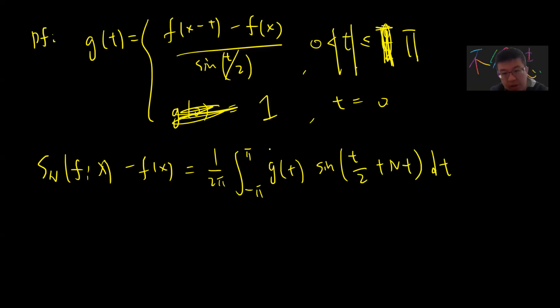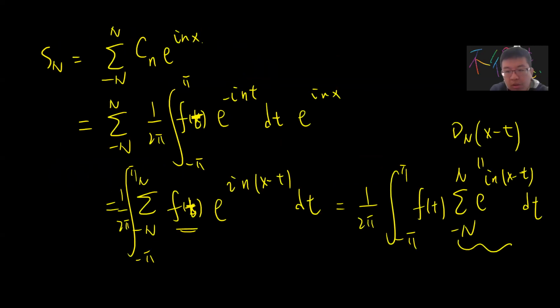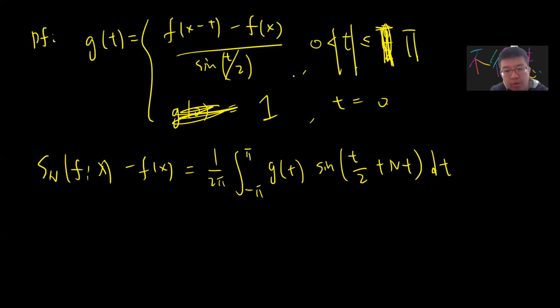Yeah, this is right. So let's see what is true. I guess it's here, right? Because this D_n(x, t) by definition can be written as this, right? So there is a sine here. So you just put everything you have, and you will get this. Okay, and then you just expand it, right?